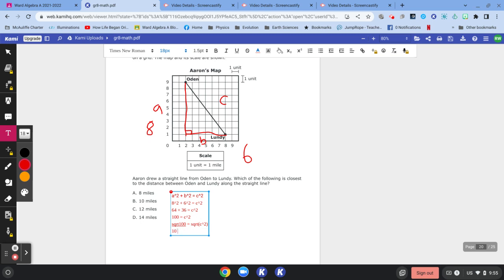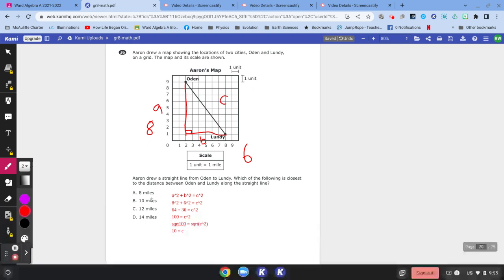We're only going to care about the 10, the positive one. That's 10 miles is what our distance from Odin to Lundy is. And it is another 3, 4, 5 triangle. So I'll put the 10 here because this is a scaled up times 2, 3, 4, 5 triangle. 2 times 3, 2 times 4, and 2 times 5.